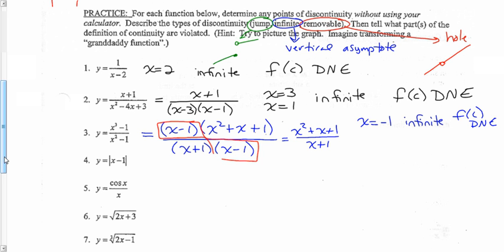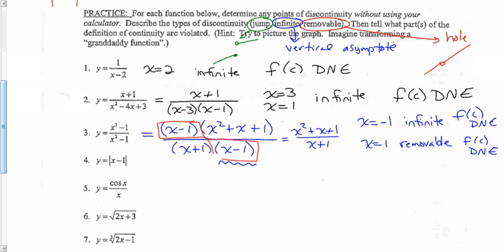I could simplify that out so I don't have an infinite discontinuity there. So at x is equal to positive 1, what I have is a removable discontinuity, which means a hole, which again means f of c does not exist.